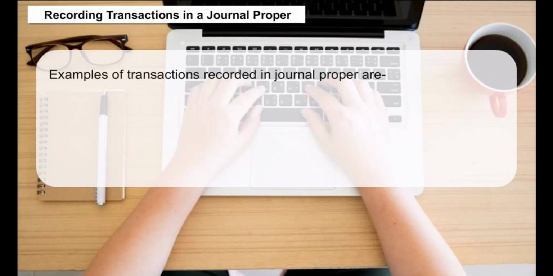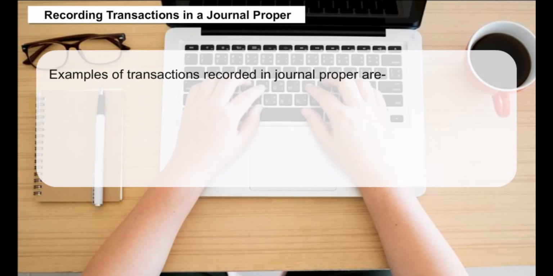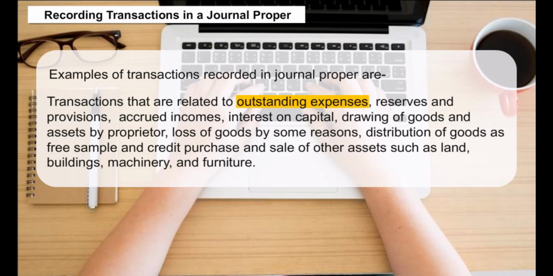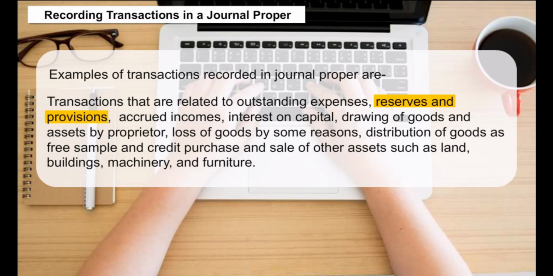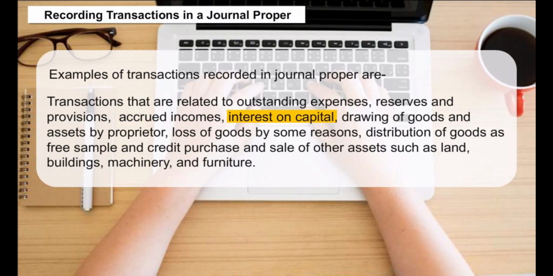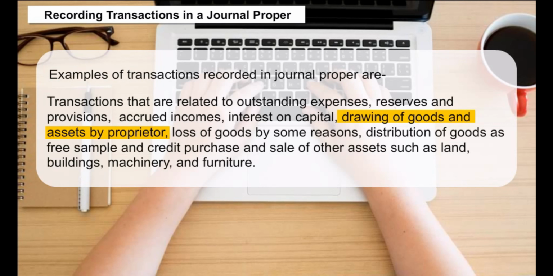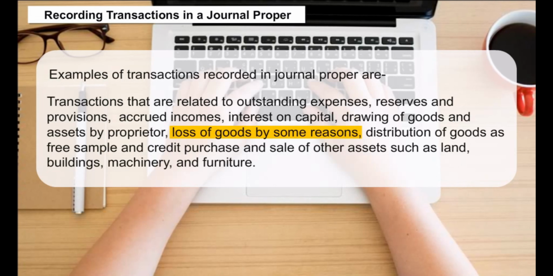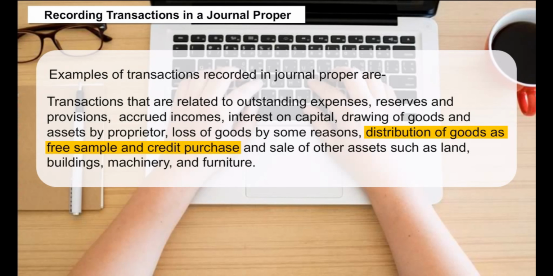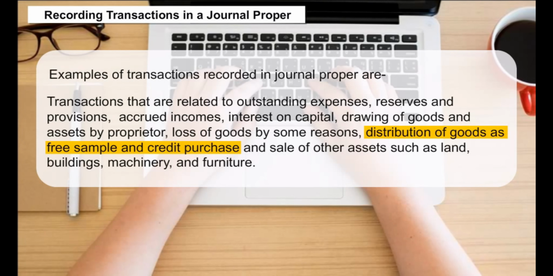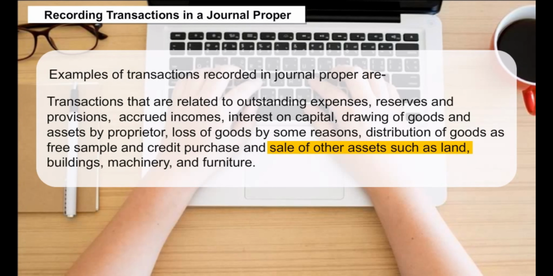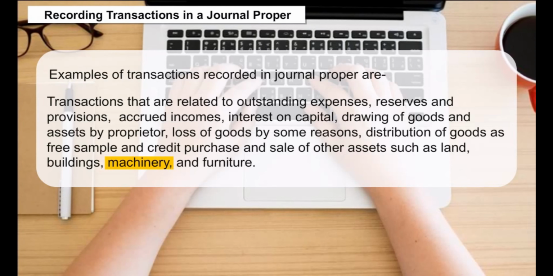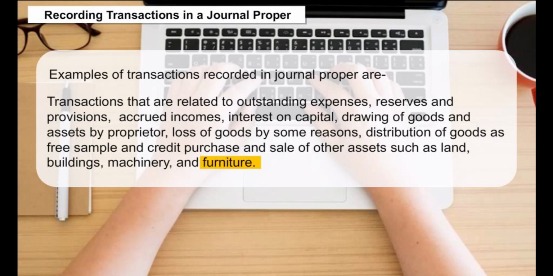Examples of transactions recorded in journal proper are transactions that are related to outstanding expenses, reserves and provisions, accrued incomes, interest on capital, drawing of goods and assets by proprietor, loss of goods by some reasons, distribution of goods as free samples, and credit purchase and sale of other assets such as land, buildings, machinery and furniture.